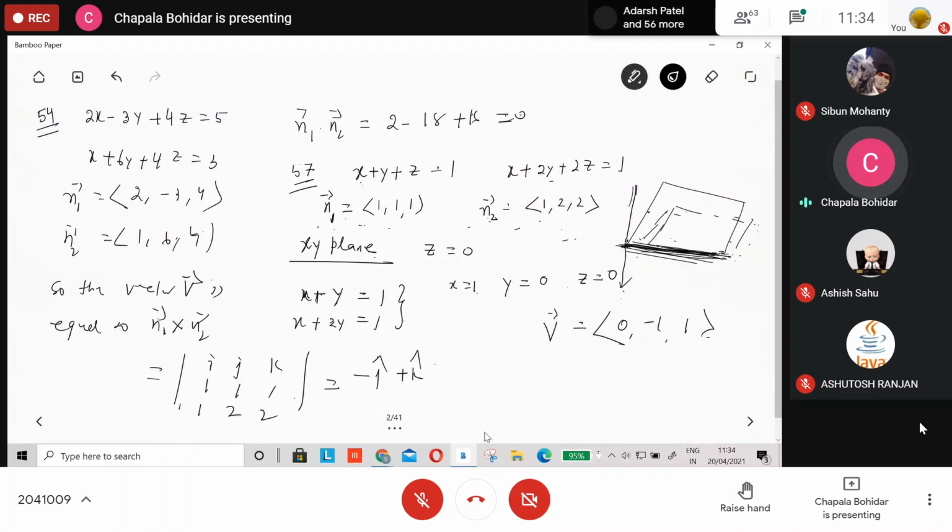And our initial point, if we consider the point on the line we found, is P0 equal to (1, 0, 0).